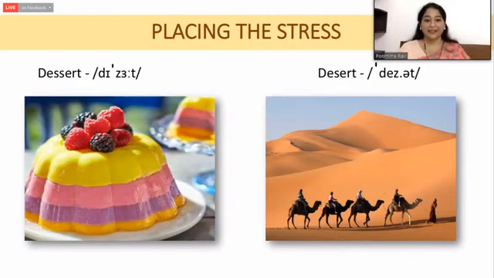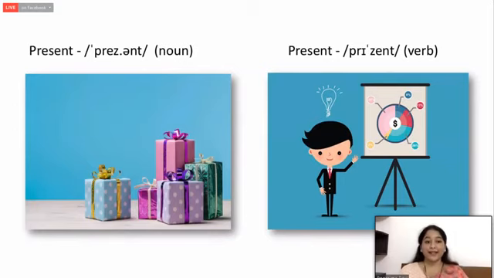Let us look at another example. A word that has the same spelling, present, but stress plays an important role in conveying the meaning. When I say present, it means a gift. Present. If I say present, it is something where I'm delivering information, perhaps with a PPT.